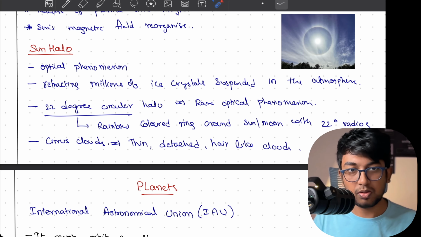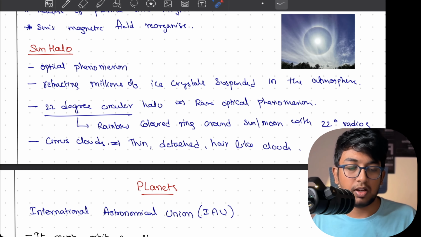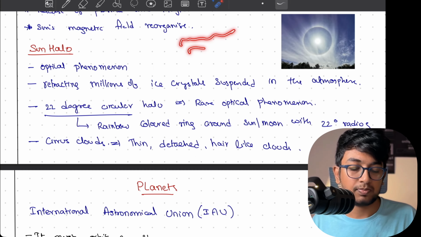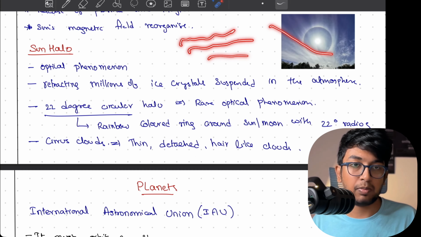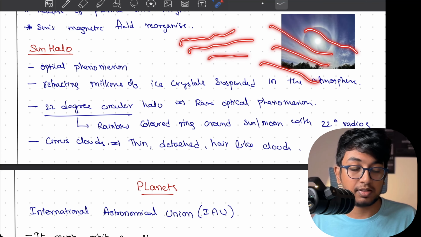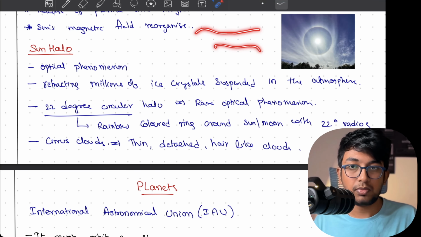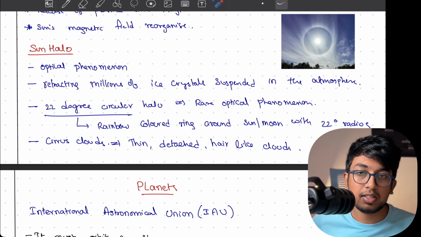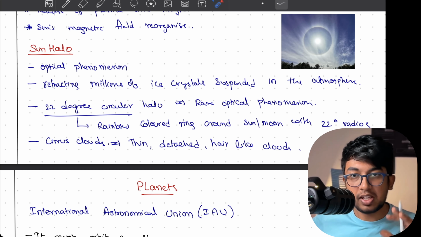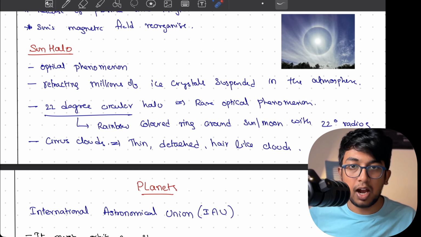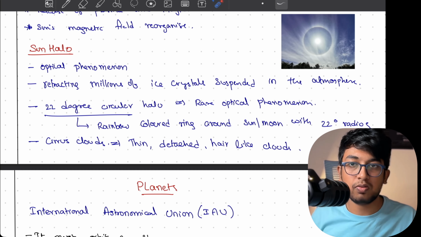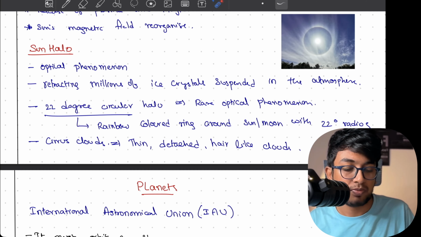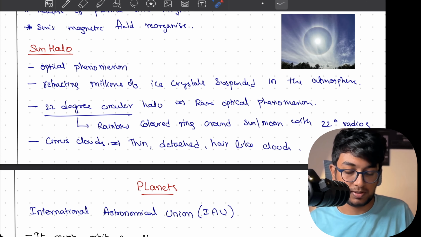You can get them very easily whenever there are floating clouds like this, hair type, not that thick and dense. They'll be like cotton. When those cirrus clouds are very thin, there is a high chance of a solar halo happening. This is what a solar halo is.